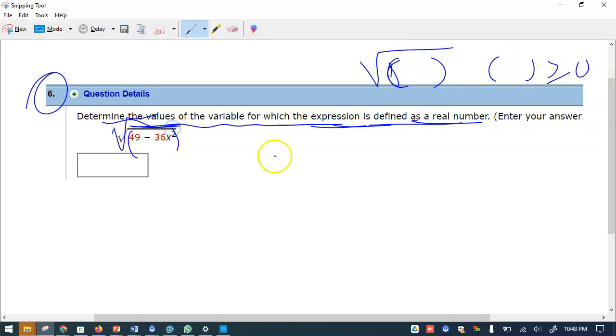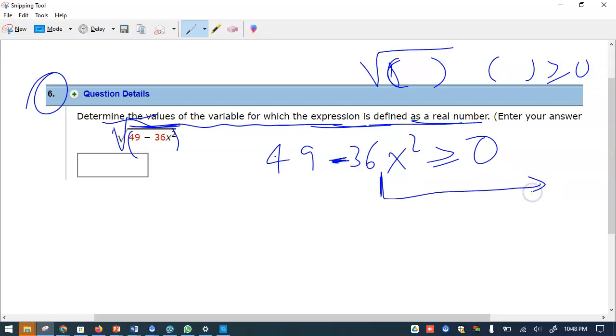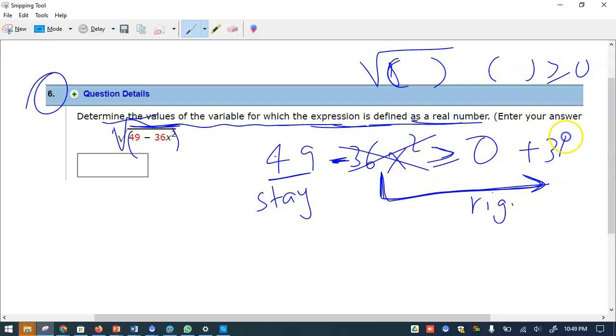So all you do is 49 minus 36x squared has to be greater than or equal to 0. And remember, the trick is this is negative, right? So the best thing, as a college-bound student, is we should be doing this directly. This goes there, so 49 stays, and this goes to the right side as plus 36x squared.